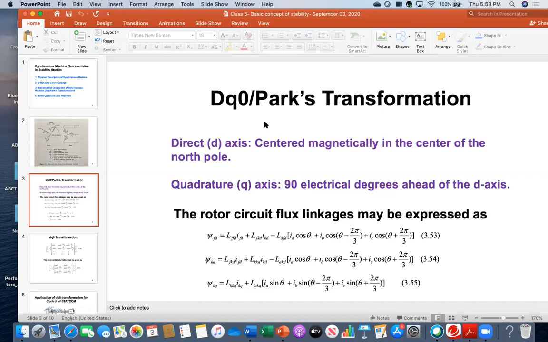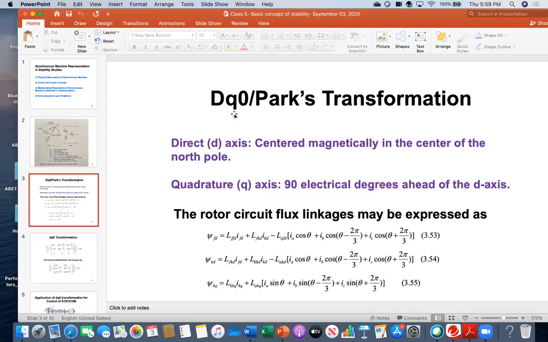Yes, sir. So what is the meaning of this DQ0? If you read many literatures, many journal papers, or many books, you will frequently get this thing, DQ0. Especially if you study any journal or conference article about transient stability or steady state stability, you will frequently get this term.